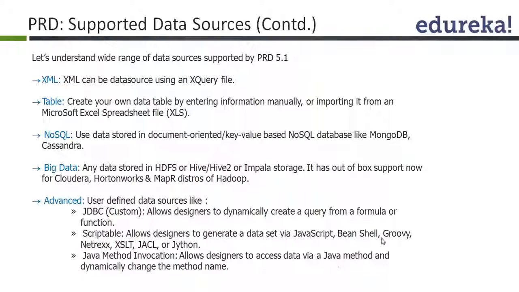These are different scripts, and using them you can generate some custom data set, and that can also be fed as a possible data source. Then using JMI, Java method invocation, you can allow the designer to access data via a Java method. This is basically using a flexible feature of PRD and dynamically changing the method name. So it is through API support that you can achieve this Java method invocation.